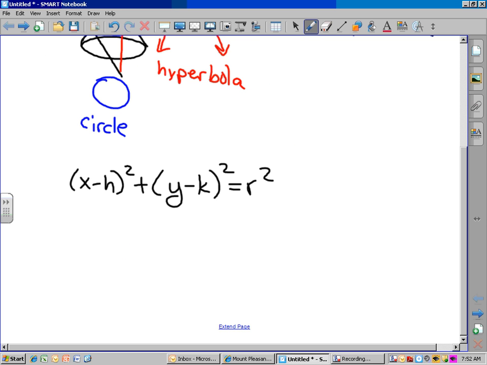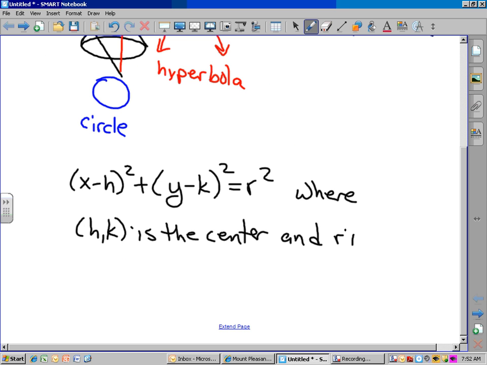This is the standard form. (x minus h) squared plus (y minus k) squared equals r squared, where (h, k) is the center and r is the radius of the circle.